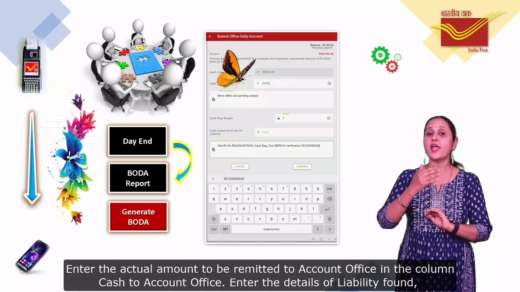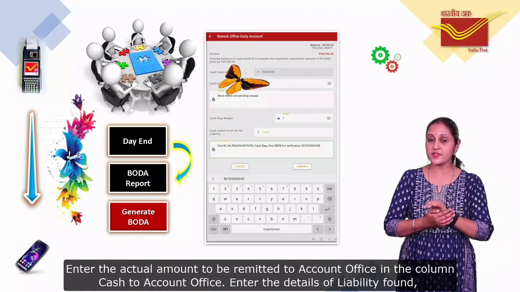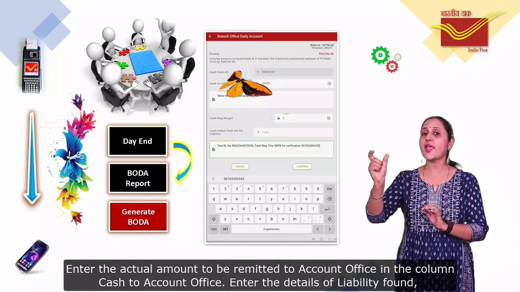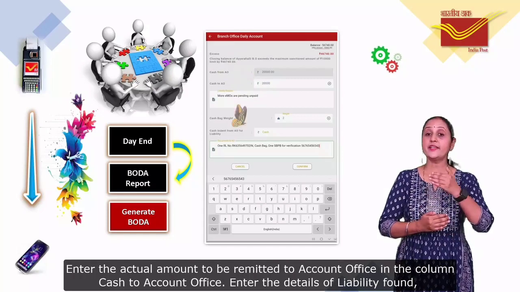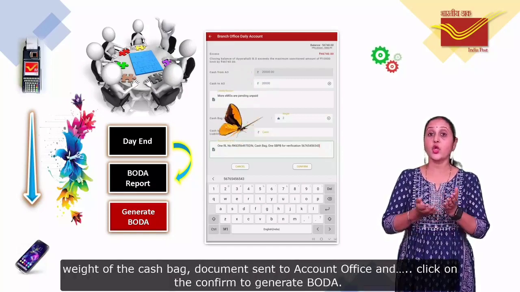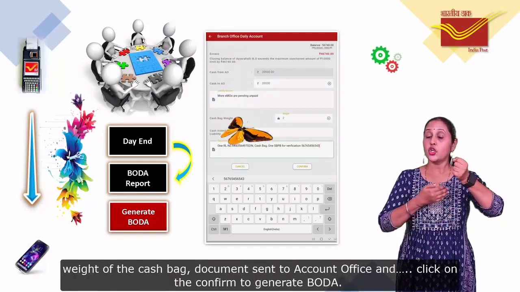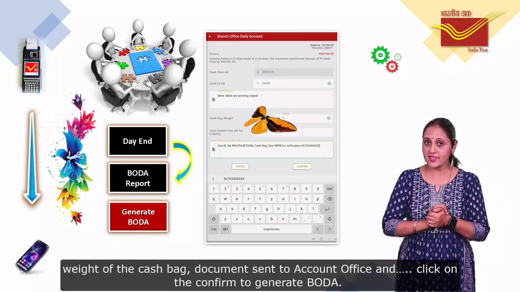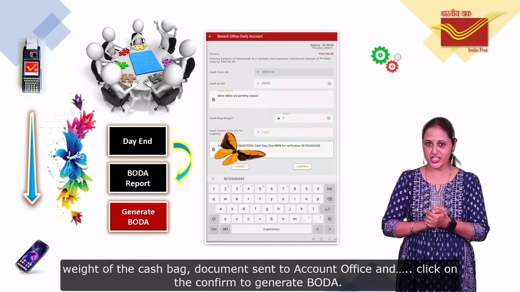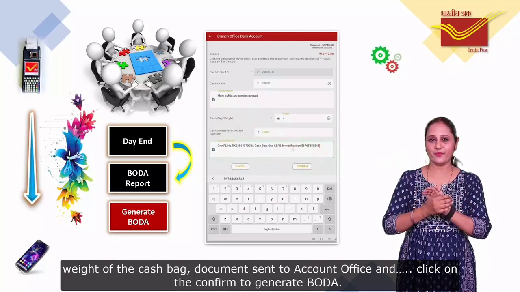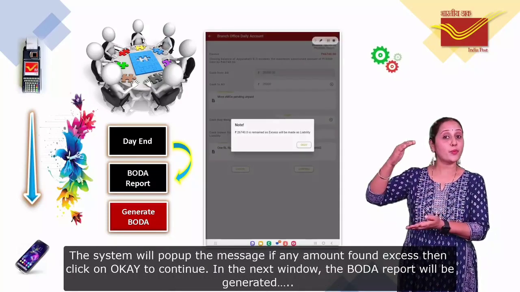Enter the actual amount to be remitted to the account office in the column Cash to Account Office. Enter the details of the liability form, weight of the cash bag, and documents sent to the account office, and click on the confirmation to generate BODA. The system will pop up a message.